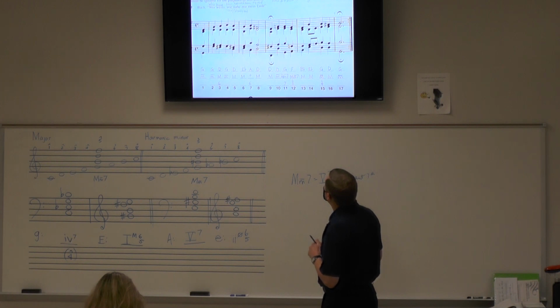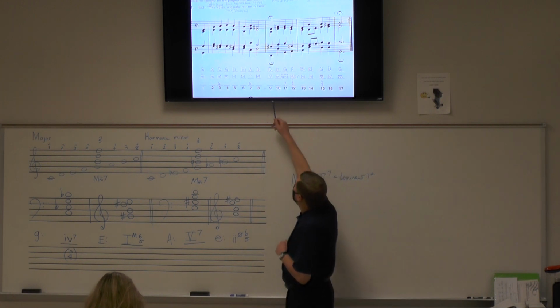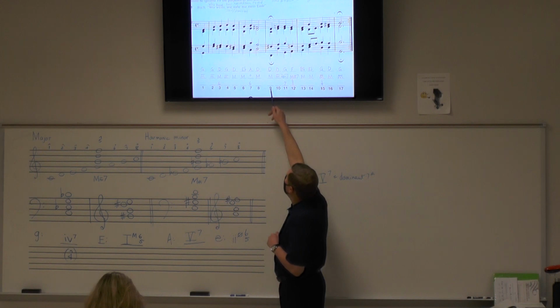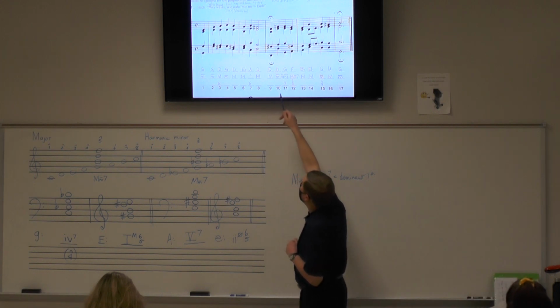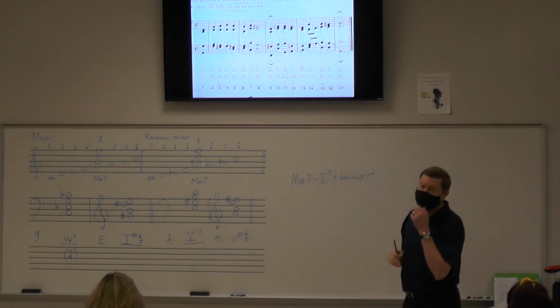There's only a few 7th chords in here. For instance, what if I wanted you to give me the Roman numeral for chord number 9, and you know that we're in G minor.